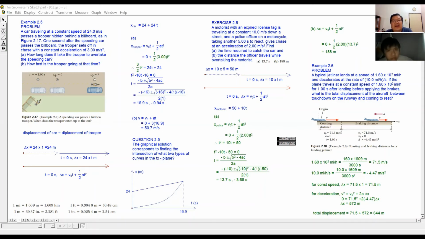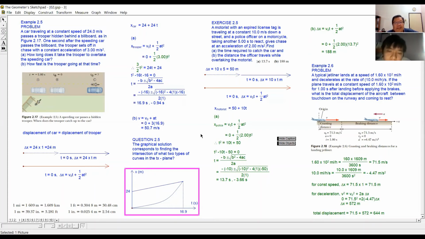Yeah, this is the one. How fast is the trooper going at that time? The second question, yeah. Tx plane means this one. The graph of displacement, the position versus time.